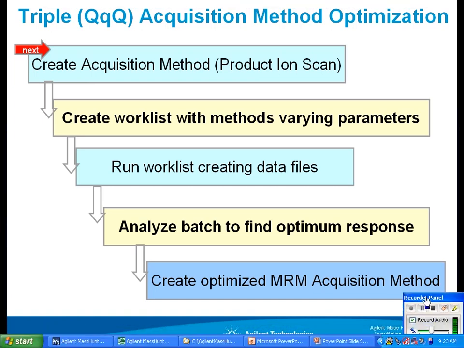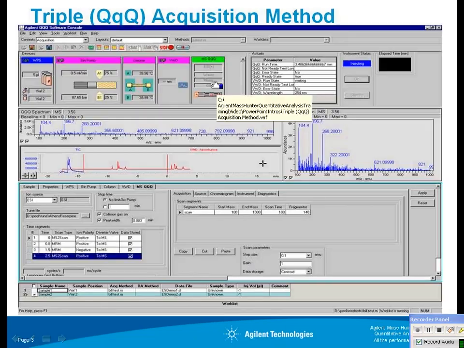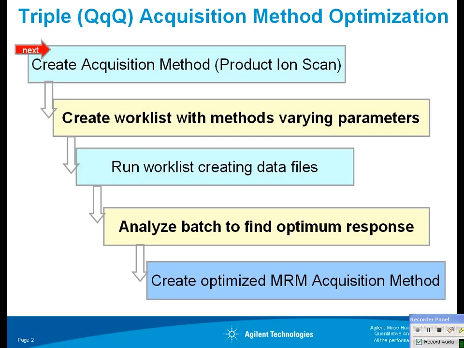The first step in the process is to create the acquisition method with the product ion scan. Now this means going with the acquisition subsystem, setting up your product ion scan. Now in the product ion scan, you are allowed within one time segment 4 different product ion scans.